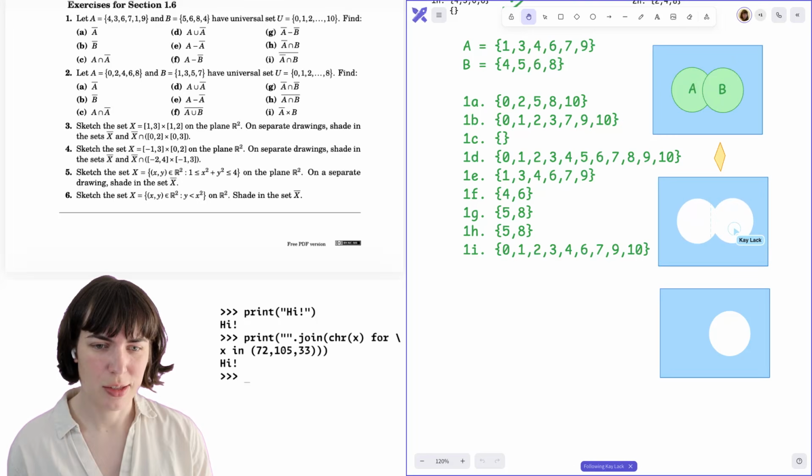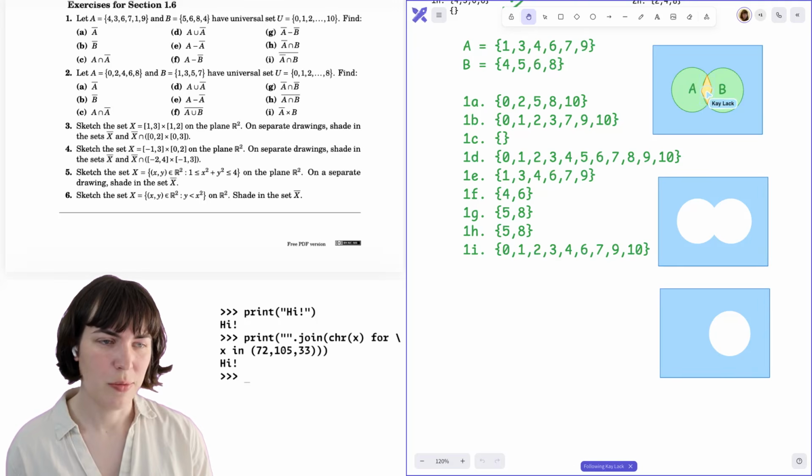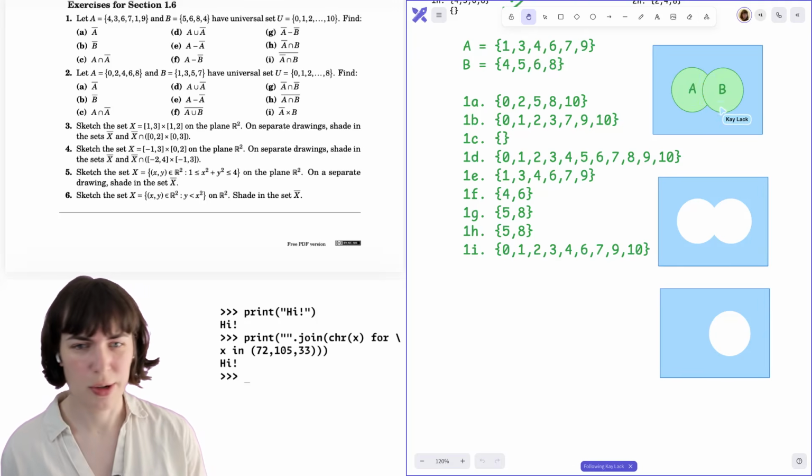I think we'd end up with something like this. Okay, so I think these are different. Yeah, those are different. Okay, that's good. That's worth knowing.